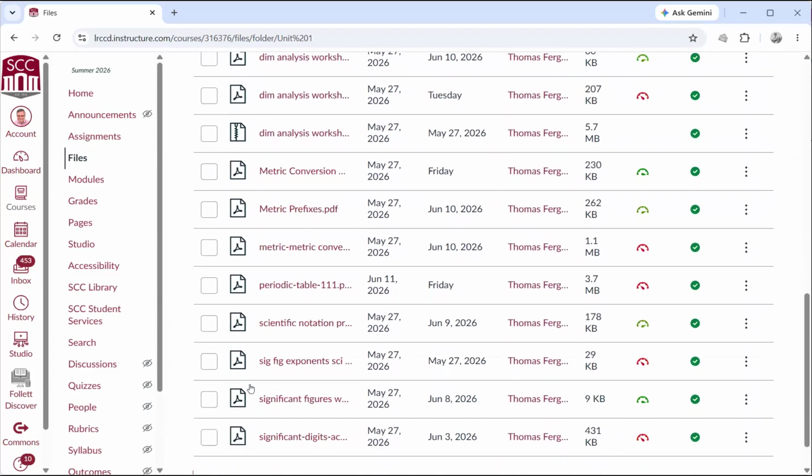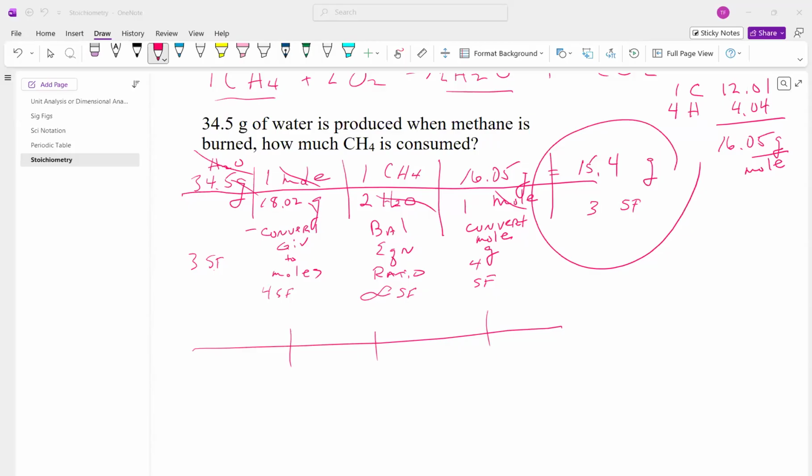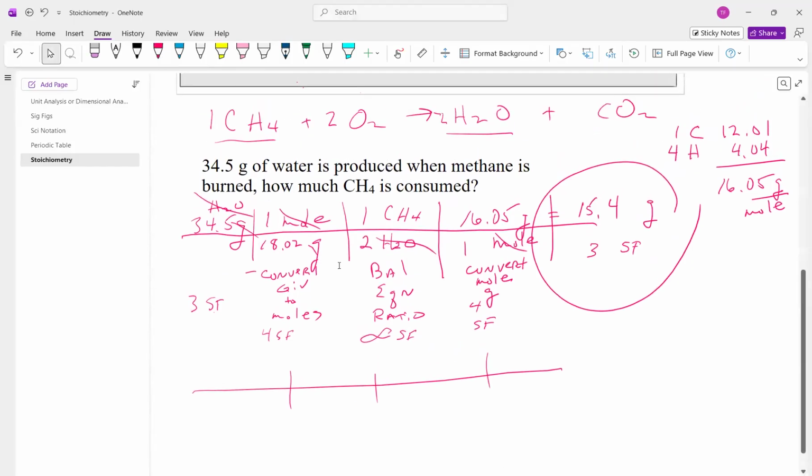Anyway, there will be a number of practice sheets there. Yeah, glad I checked. Okay, so let's do some more examples.